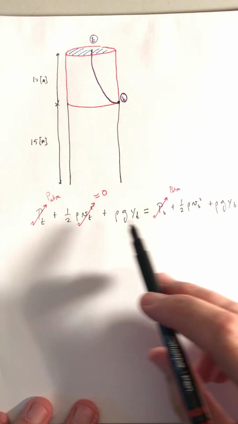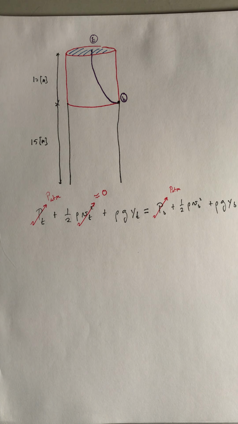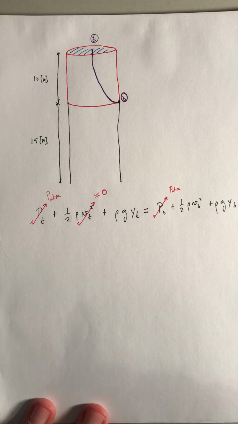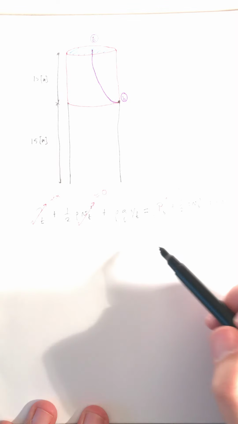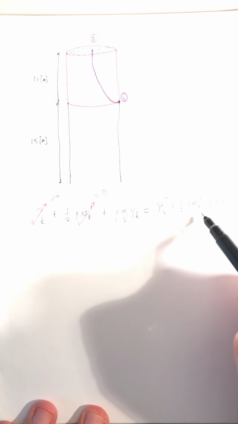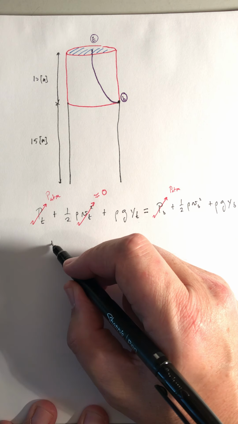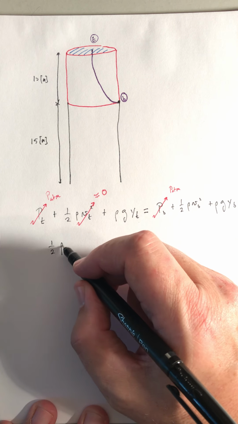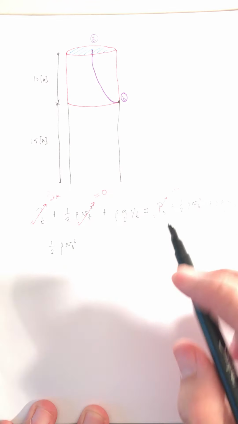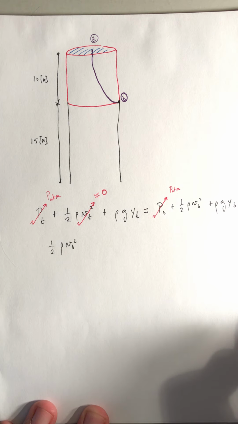And P at the top, P at the bottom are going to cancel out. So terms that survive, we're going to have 1/2 rho speed at the bottom squared, because it's the speed at the bottom that we need. And then everything else is moved over to the other side.